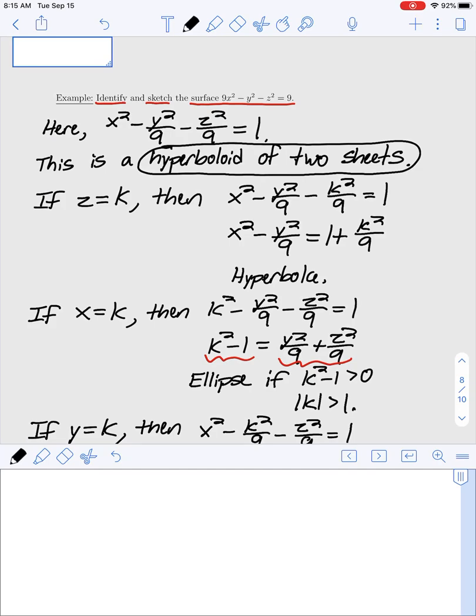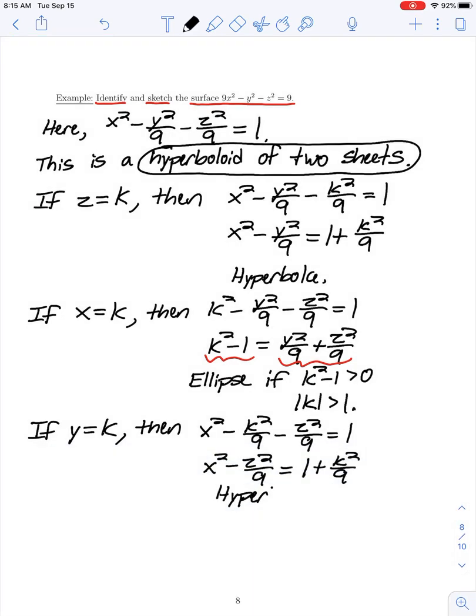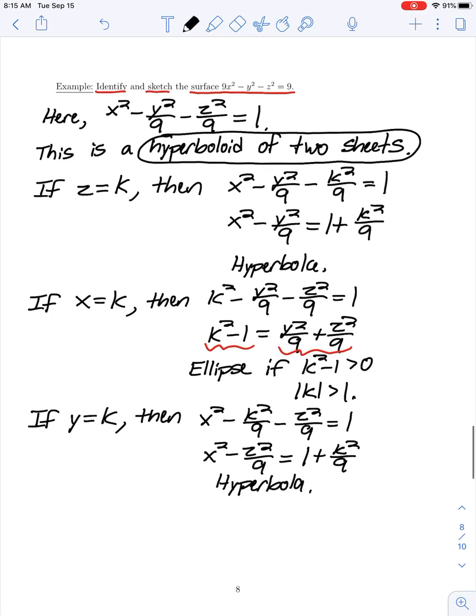So again, this would be a hyperbola. So let's see if we can use this information to try to sketch our surface. So this is going to be a hyperboloid of two sheets.